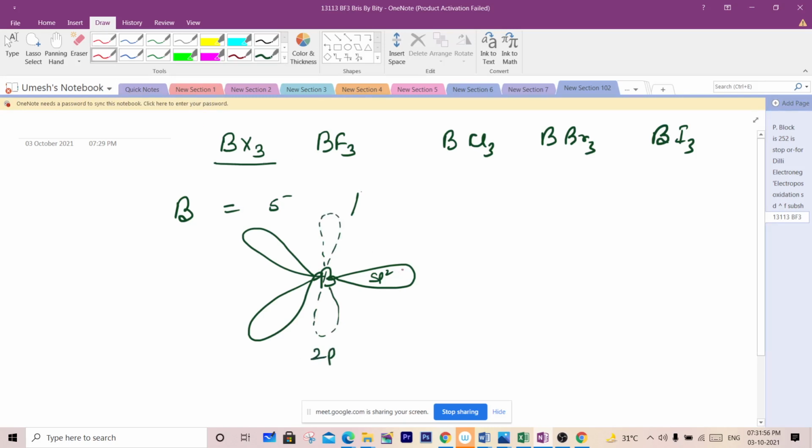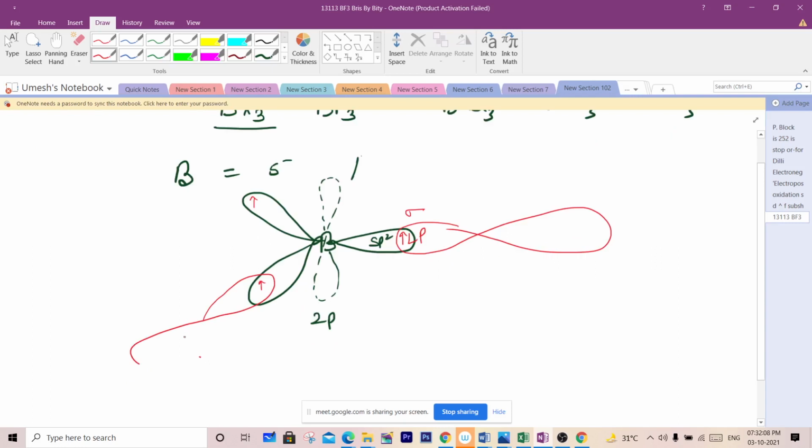With this sp2 hybrid orbital, the fluorine p orbital makes bonding here and forms a sigma bond. The shape is trigonal planar geometry with one empty p orbital in the boron here.